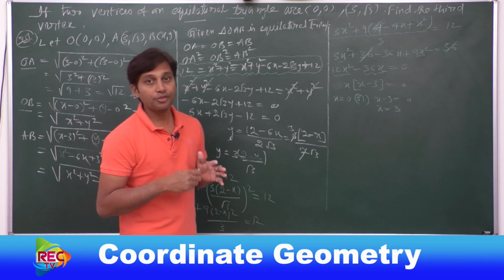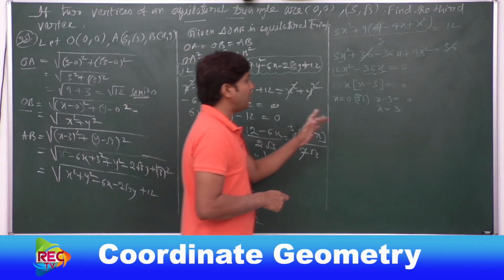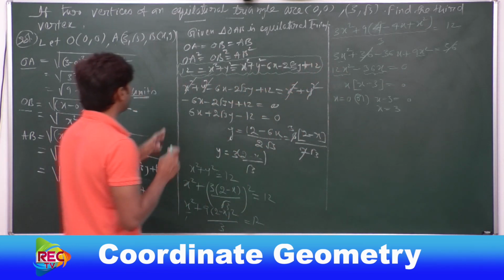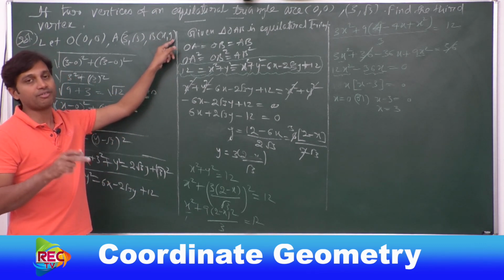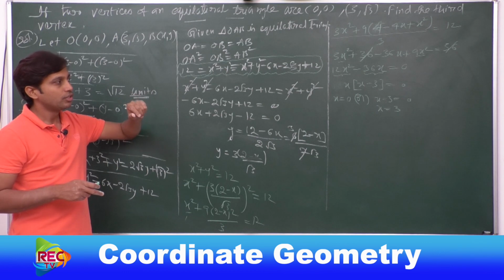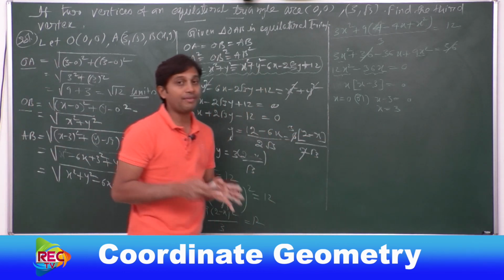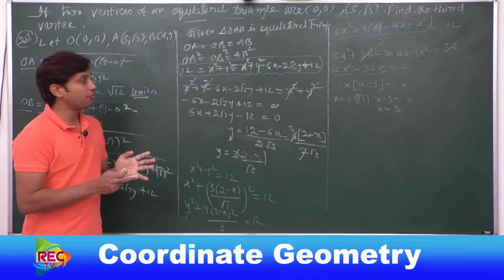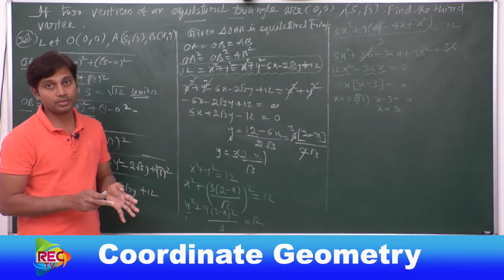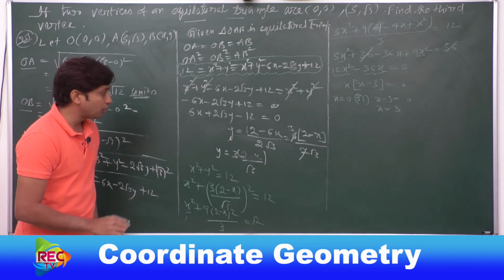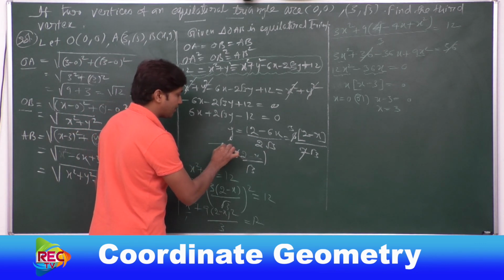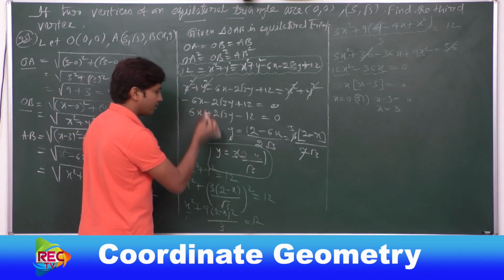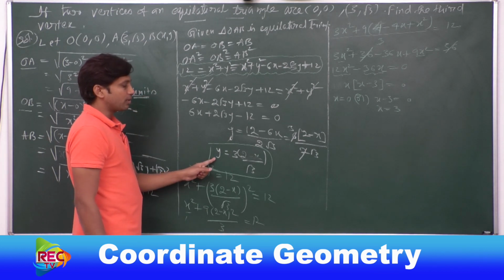And we need to find out the value of xy. You know, what is our target initially? To find out the point, the third vertex of this equilateral triangle, which is (x, y). So we obtained x. When we obtained x, we need to find out the value of y also. We need to put down the value of x in this equation which we obtained here. See, y equal to what?